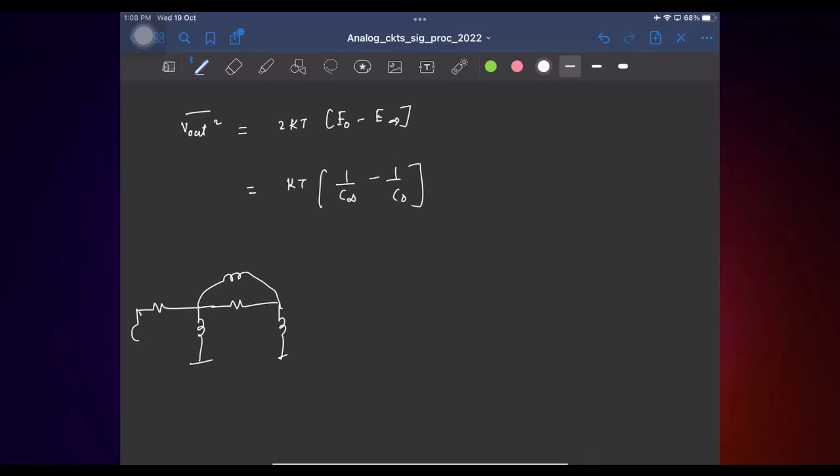So from this noise source to the output, what is the kind of, high pass? Okay.